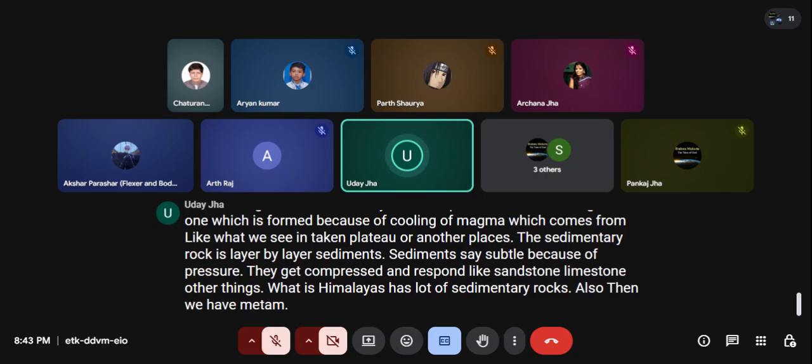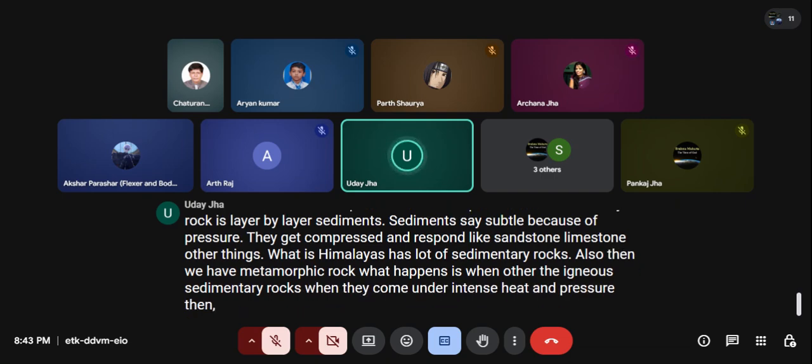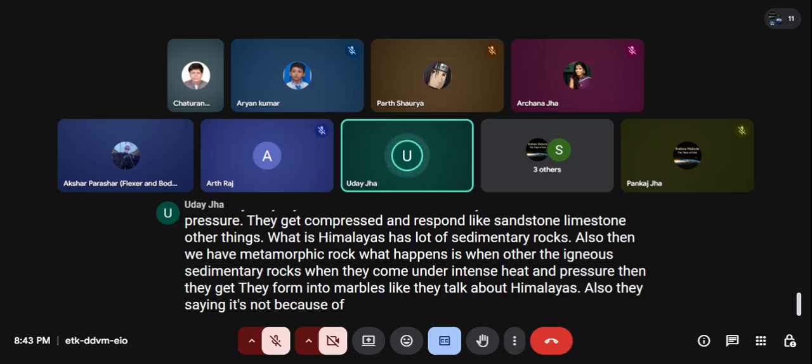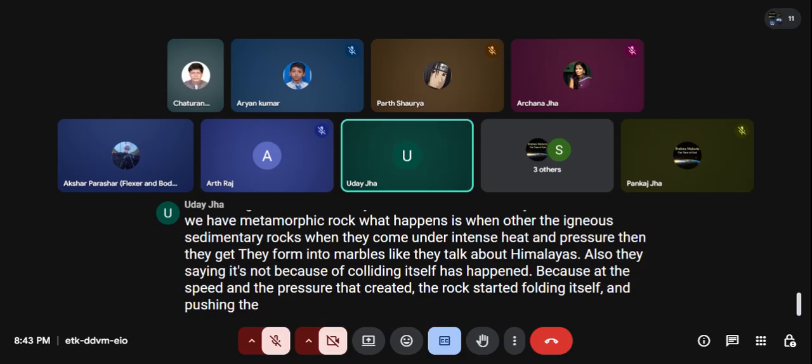Then we have metamorphic rock. What happens is when either the igneous or sedimentary rocks come under intense heat and pressure, they form into marbles. They talk about Himalayas also, saying it's not because of colliding itself, but because of the speed and the pressure that's created, the rock started folding itself and pushing up the Everest.